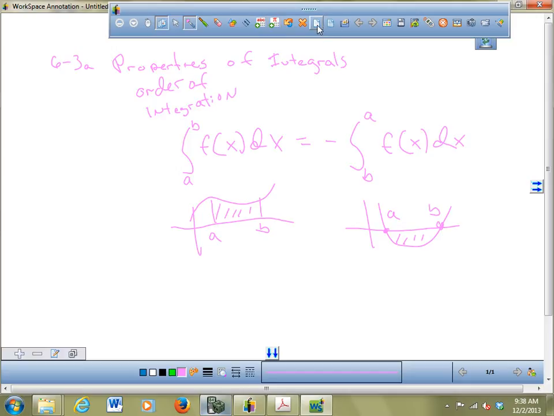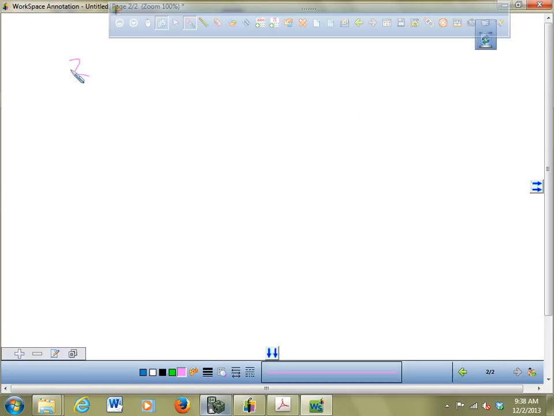Okay, next thing is called the zero integral, and this is pretty intuitive: the integral from a to a of f of x dx is equal to 0.